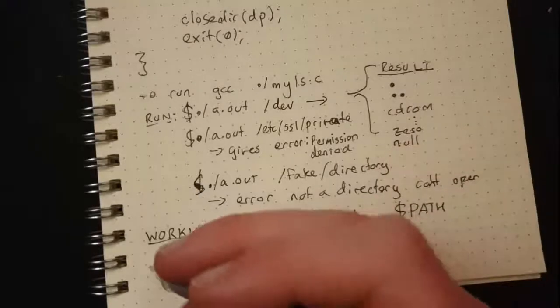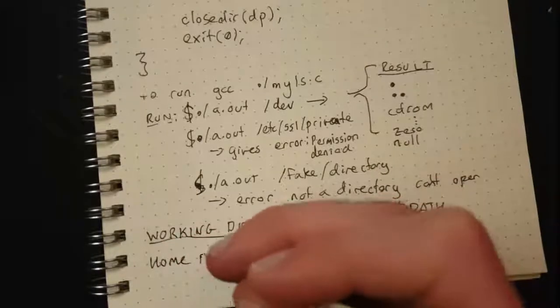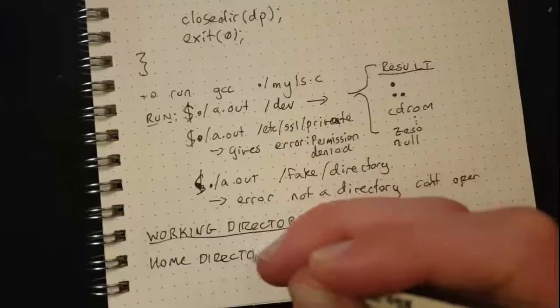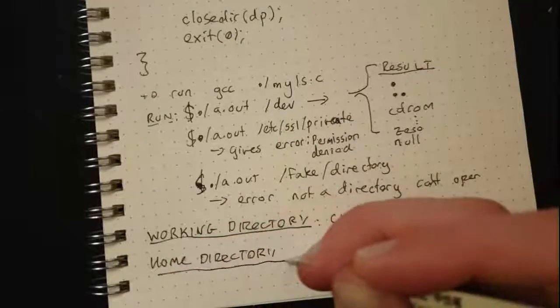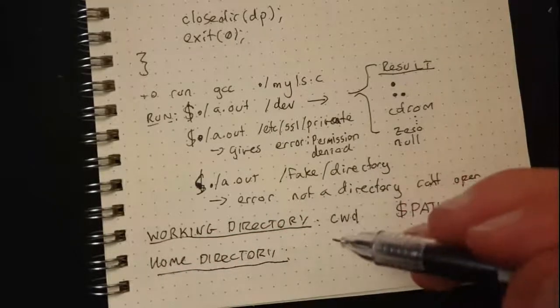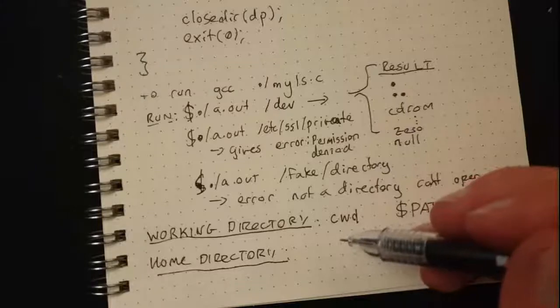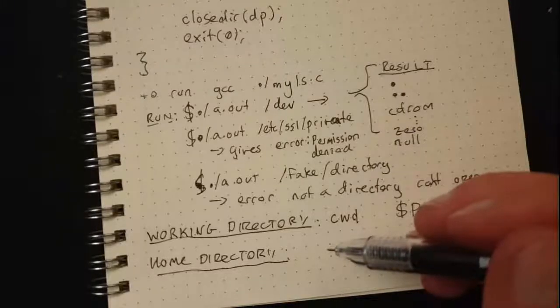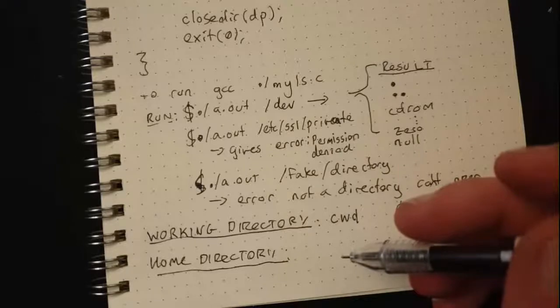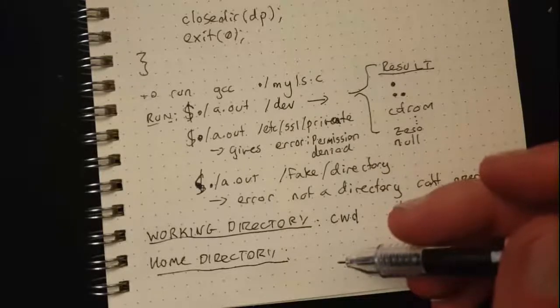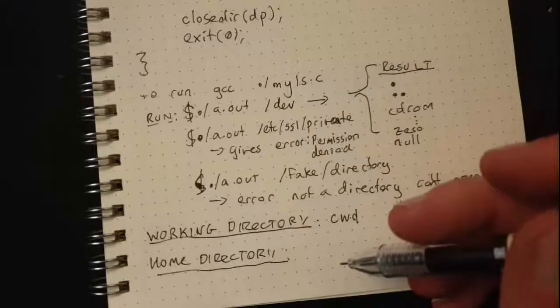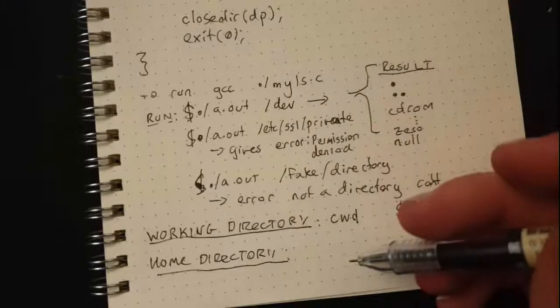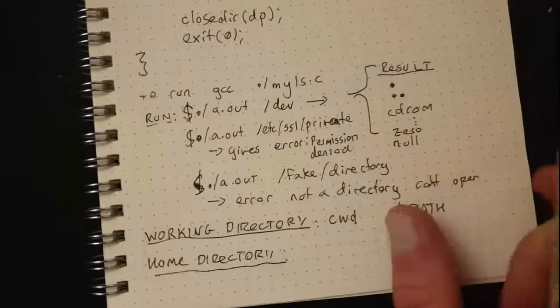And home directory: that was defined in the /etc/passwd file. That depends on the user. So for root, it's /root. For bob2, it's /home/bob2, or whatever else it might be.